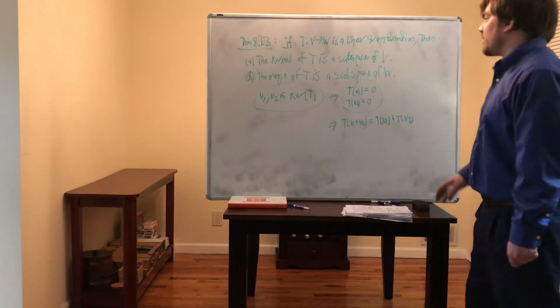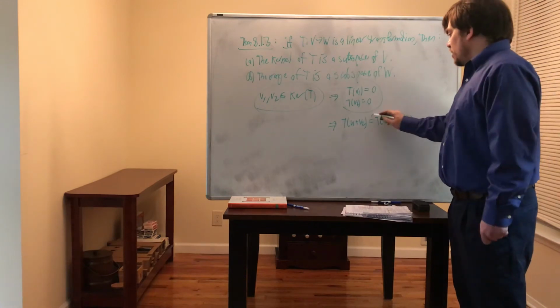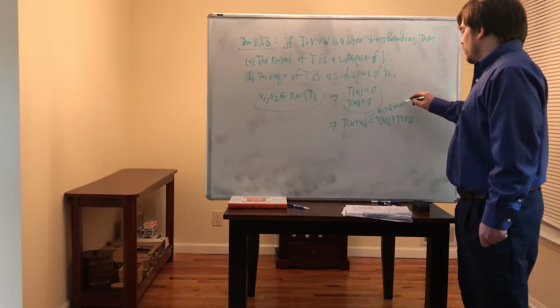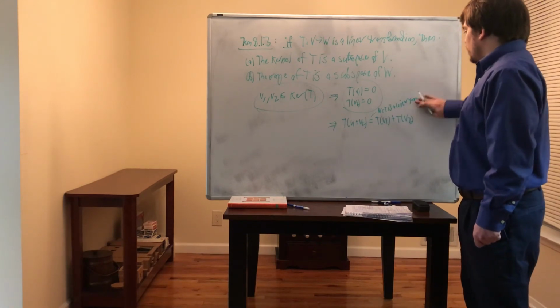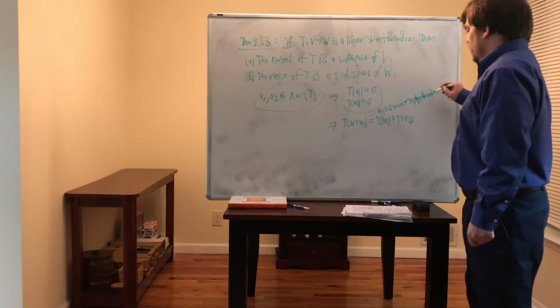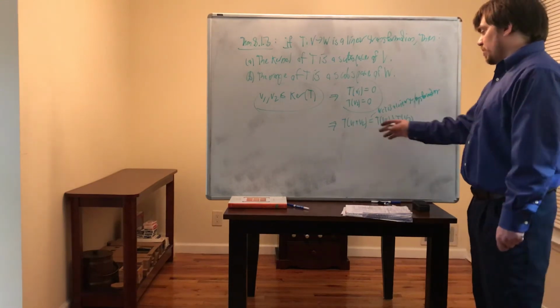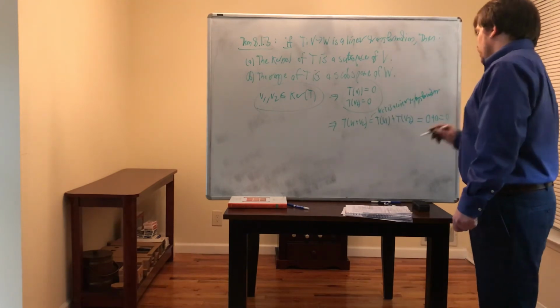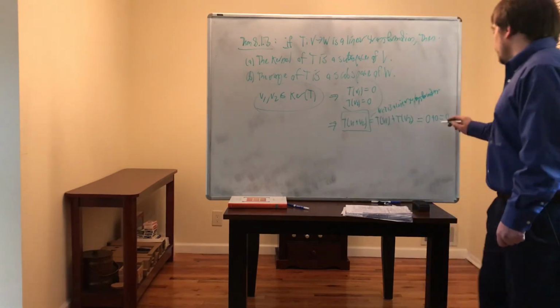This is from the fact that T is a linear transformation. And so because T is a linear transformation, it has the additive property of a function, meaning T of V1 plus V2 equals T of V1 plus T of V2. But I know that each of these things is 0, so this is 0 plus 0, which equals 0. So I just showed that T of V1 plus V2 is equal to 0.